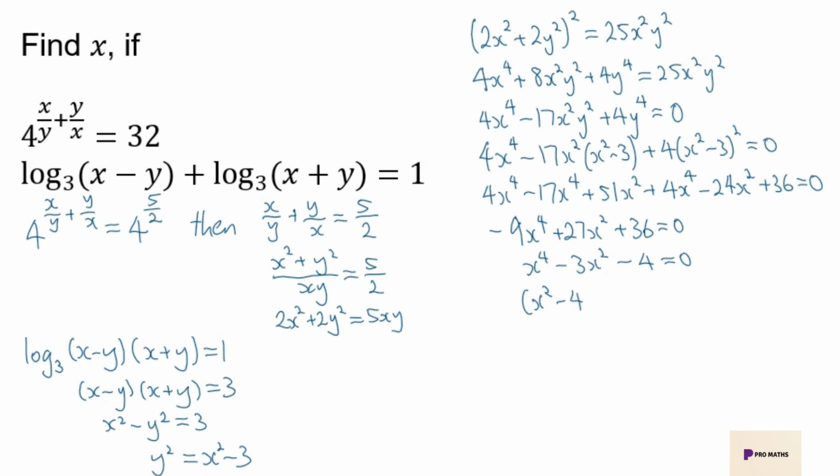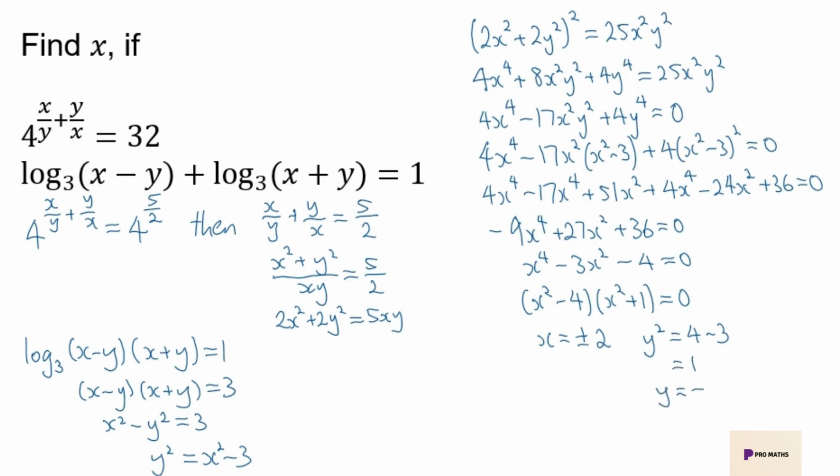So if you want to do a substitution, you can let x squared equals a or something like that, but you will still get x squared take 4 times x squared plus 1 equals 0. Now, using the null factor law, we'll get x equals plus or minus 2, and x squared plus 1 equals 0 has no solutions.